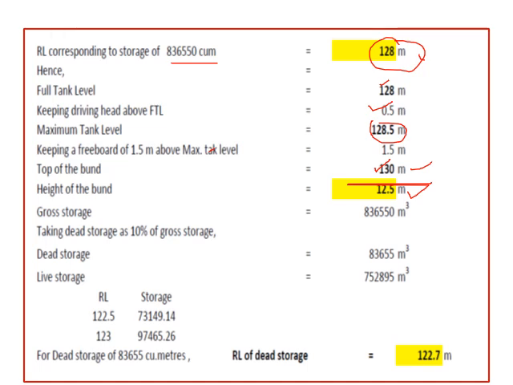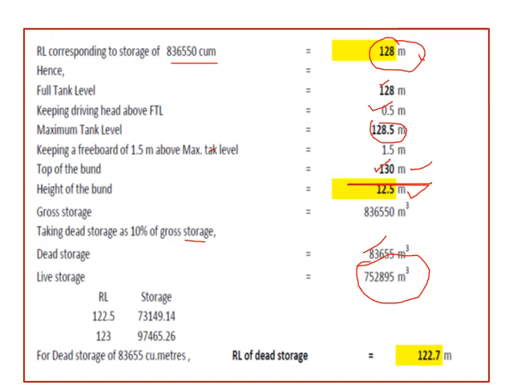based upon the volume of the storage that you can have, which will depend upon the rainfall in that particular area. Now taking 10% as the gross storage, you can decide the gross storage. Therefore this is the live storage, which is 752,895 meter cube.